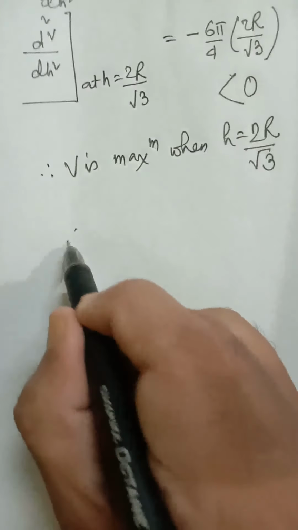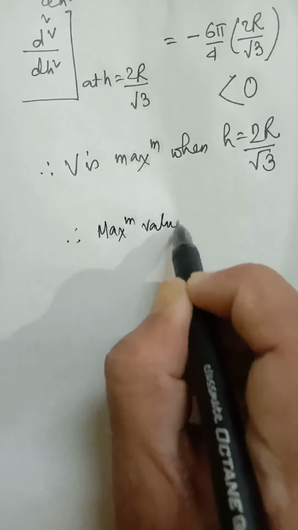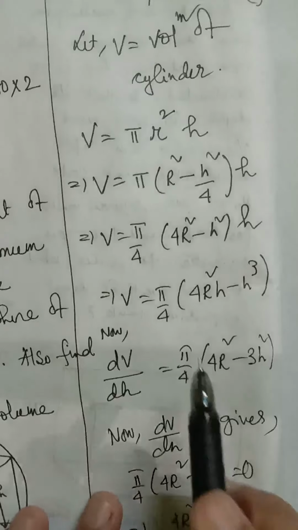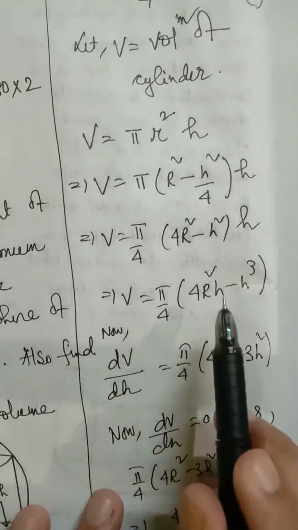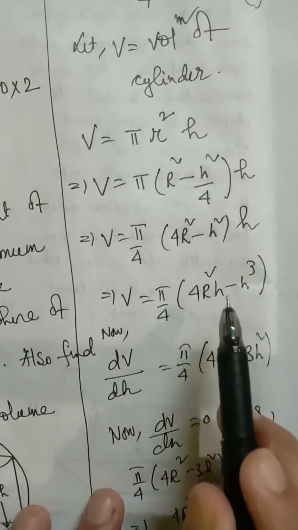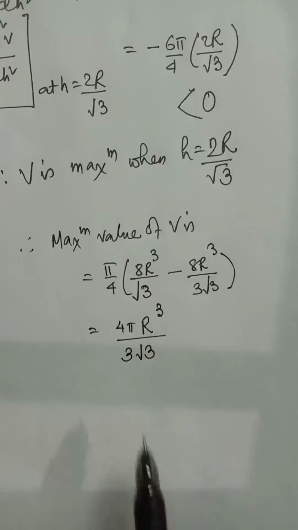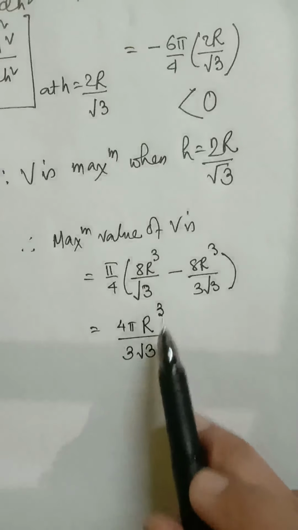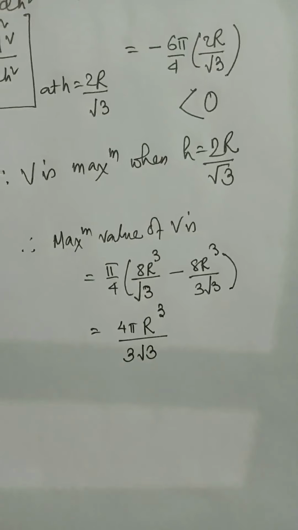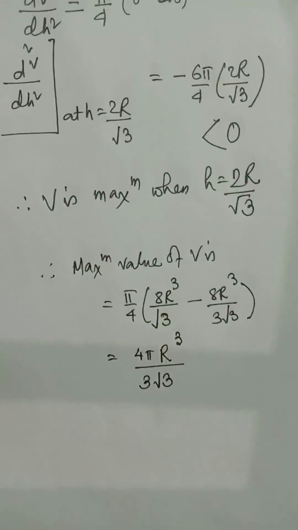So the maximum value of V is, we have to put h equal to 2r by root 3 in this relation. So 4 pi r cube divided by 3 root 3 is the maximum volume of the cylinder, and the volume will be maximum when the height of the cylinder is 2r by root 3.